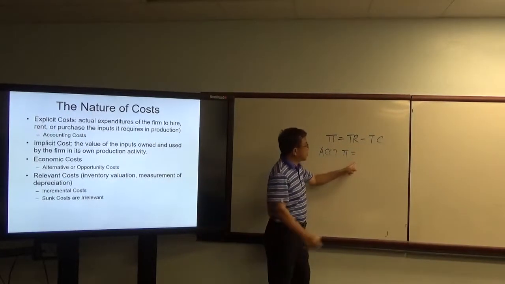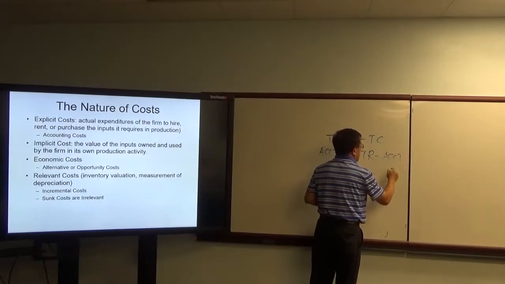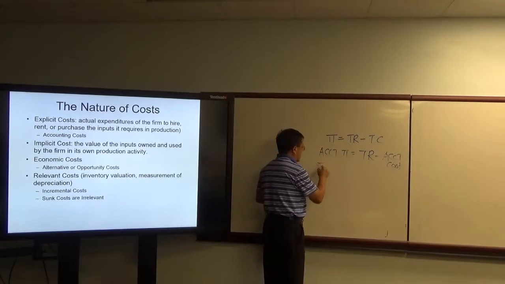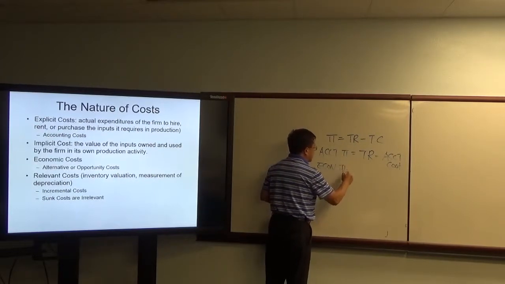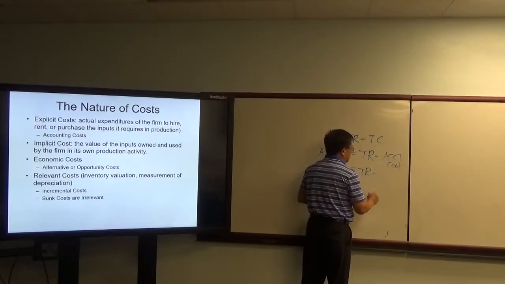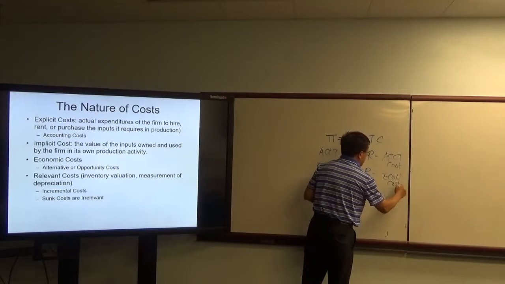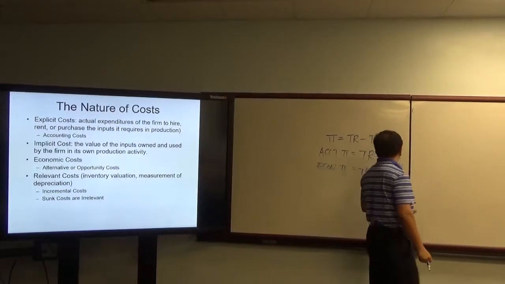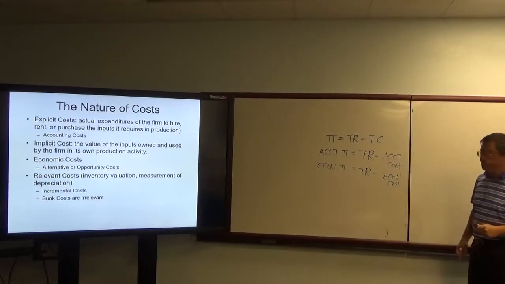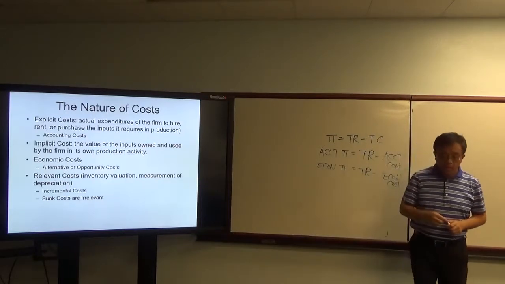Accounting profit will be the difference between total revenue minus the accounting cost. And how about economic profit? The economic profit is total revenue minus the economic cost, right? So the accounting cost is less than the economic cost, so that's why the accounting profit is greater than the economic profit.